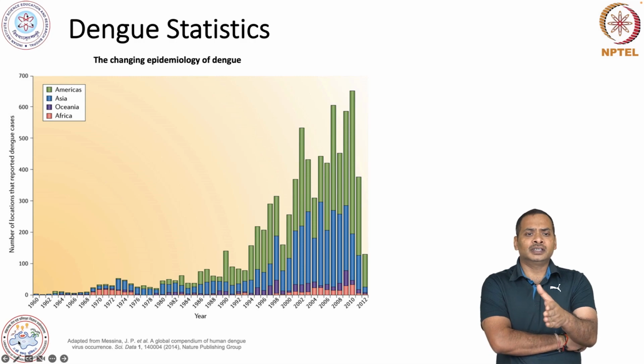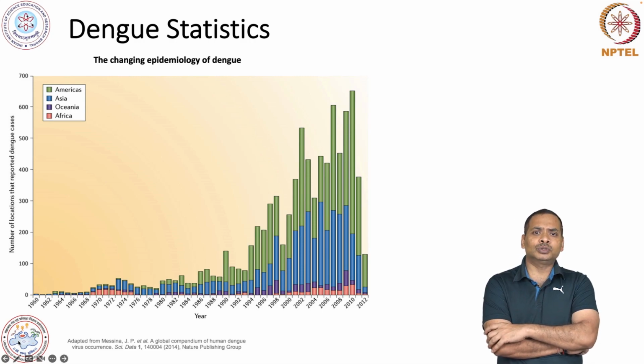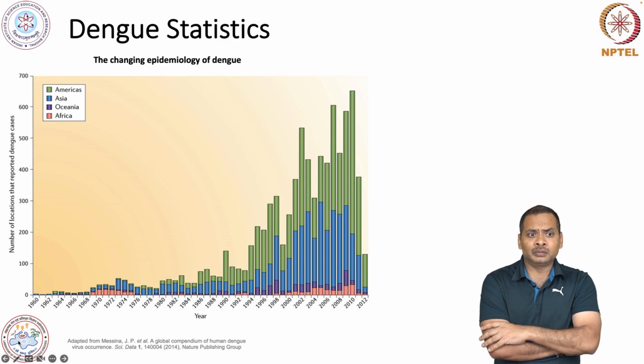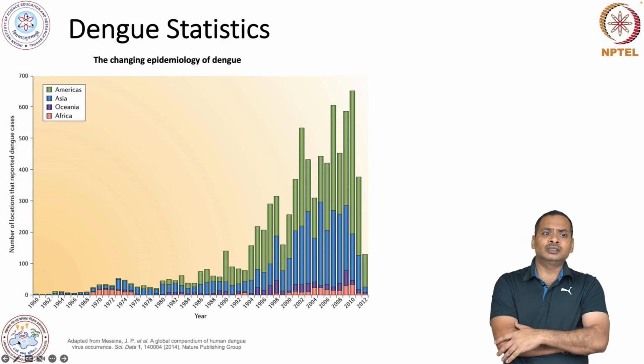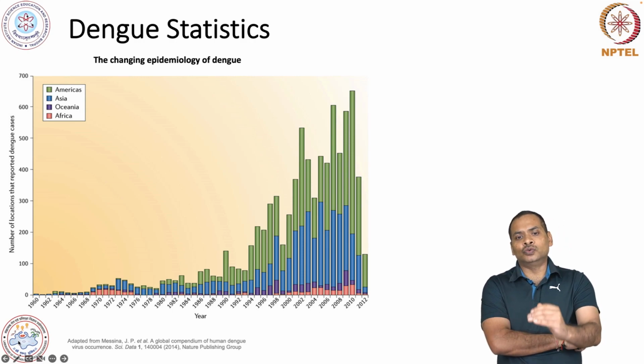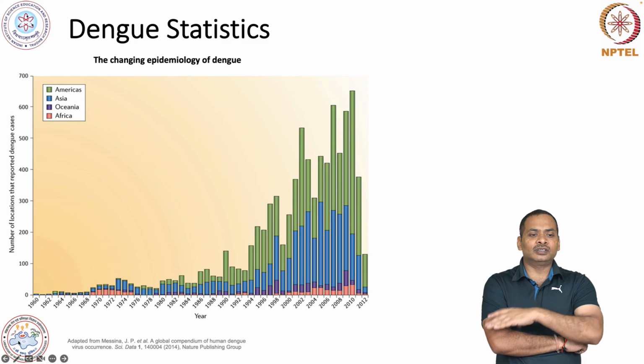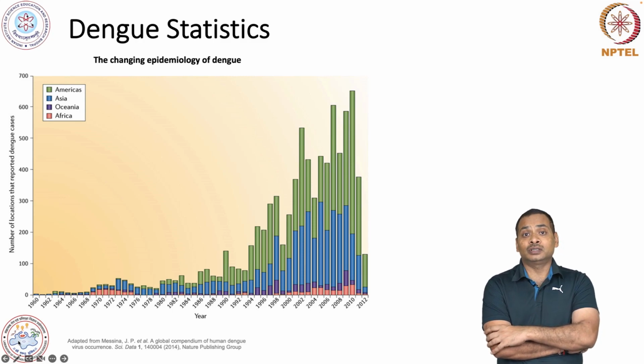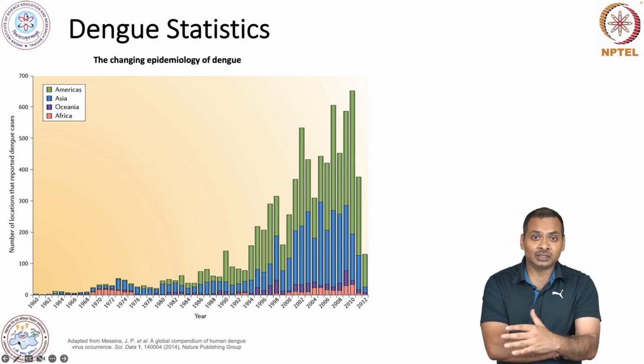Here I am showing you the statistics up to 2012. This is increasing in America, Asia, Oceania and Africa. In Asia also there is quite a good rise in the number of dengue infections, dengue, chikungunya and all those things.